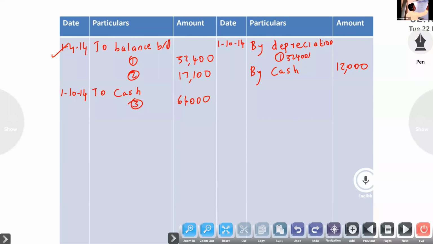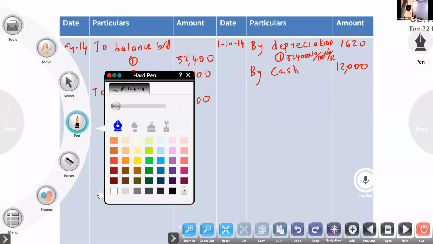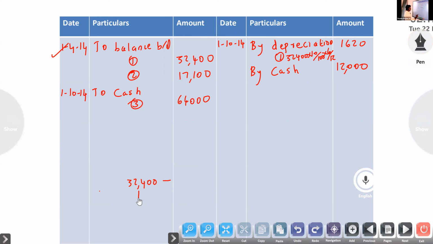So 32,400 into 10% into 6 by 12, that is 1,620. Next, 32,400 minus 1,620, so 30,780.